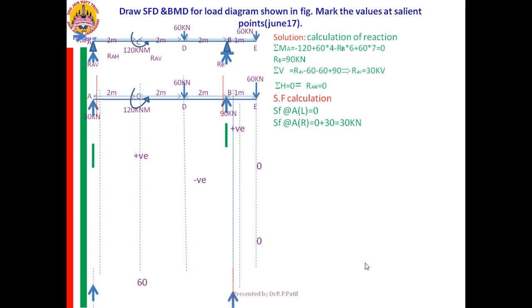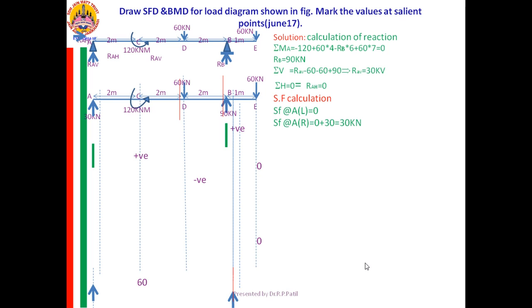Next, from A right, I am going to D left, SF at D left. Yes, up to A right, it is plus 30.